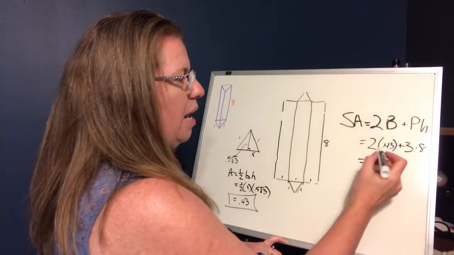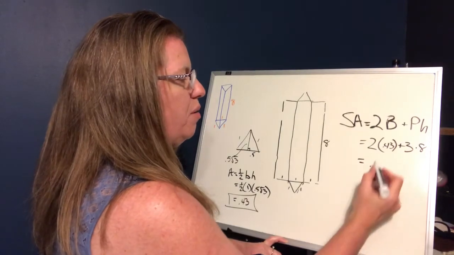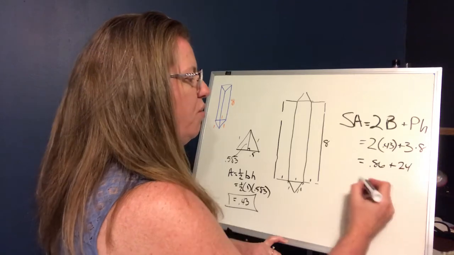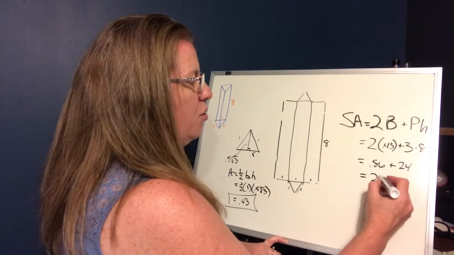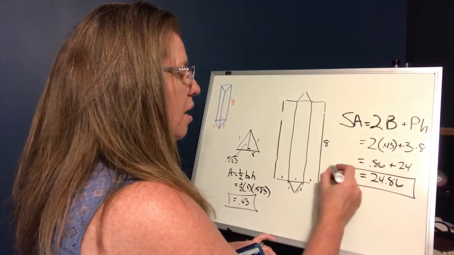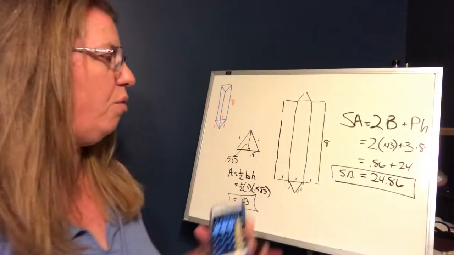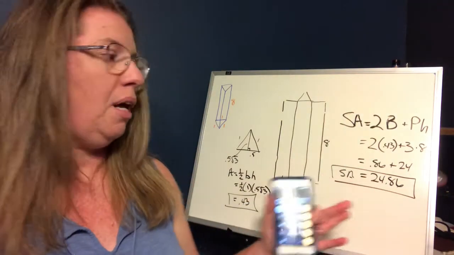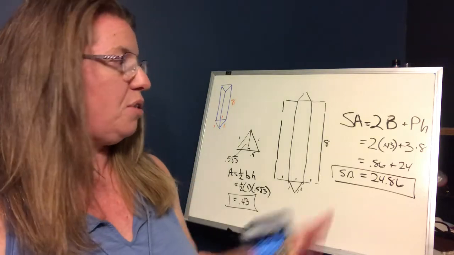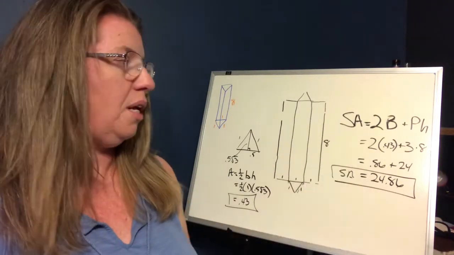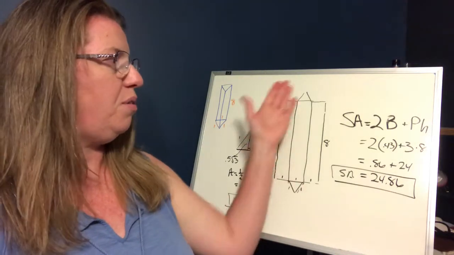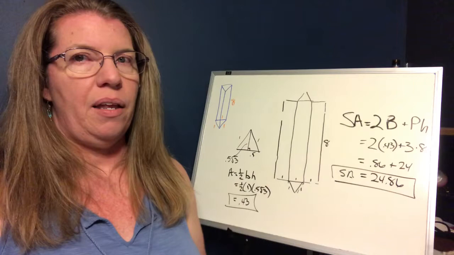So let's work this out. 2 times 0.43 would give us 0.86, plus 3 times 8 is 24. You just add those together, 24.86, and that is the surface area of the whole figure. Again, using the formula versus doing it separately, I'm really fine with that. Just kind of want to introduce that to you because we are going to use it, and it makes sense when you're dealing with different bases, and now with the cylinder.